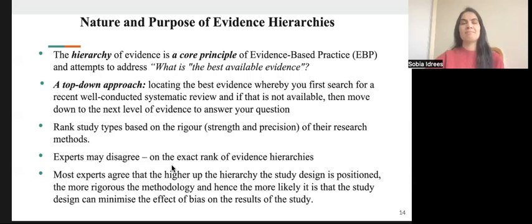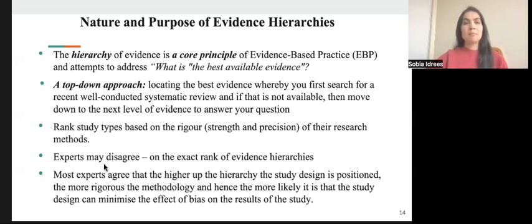For example, some experts can say that at the top is experimental studies and at the bottom is expert opinion. But any expert could say that if experimental studies are at the top, it does not necessarily mean none of the other levels of studies could be methodologically rigorous.